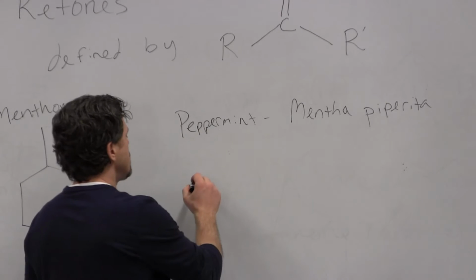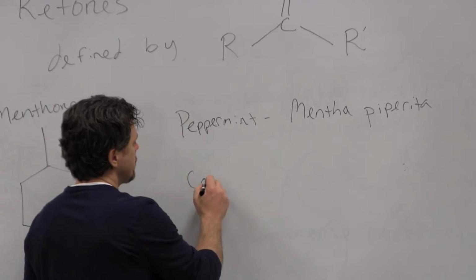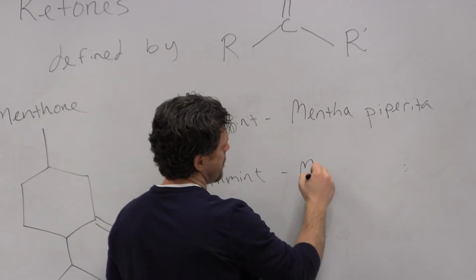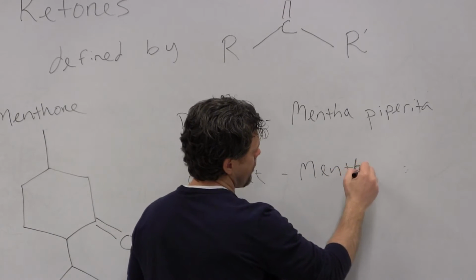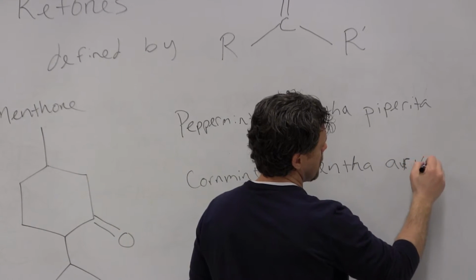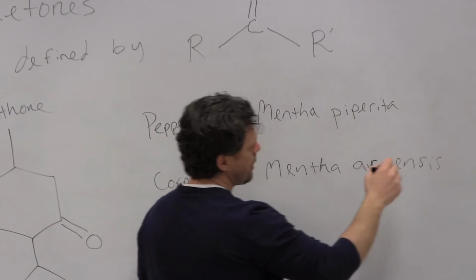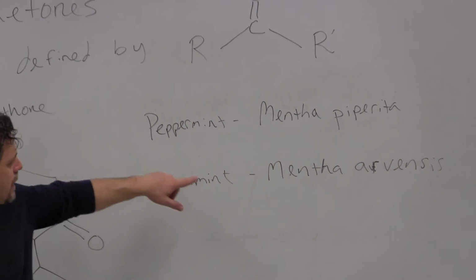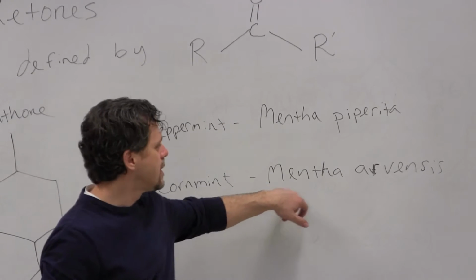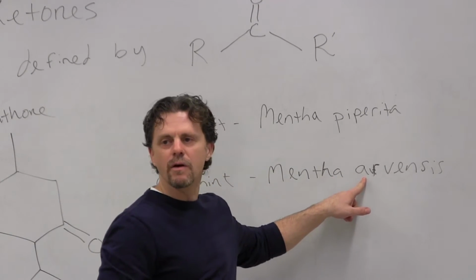Now, there's another mint which is known as corn mint, which comes from Mentha arvensis. And by the way, when you're writing these Latin botanical names, the genus is always capitalized, the species is always a small case.